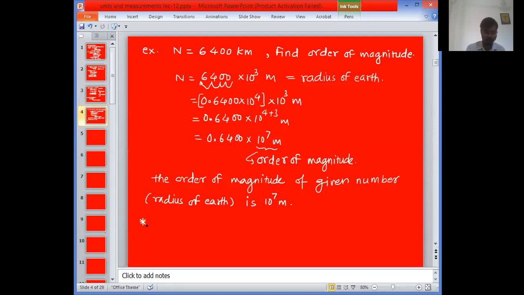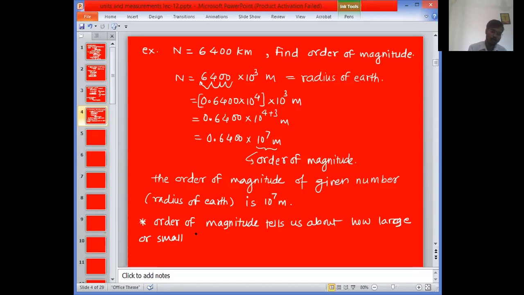Write down that note also: order of magnitude tells us about how large or small the given number is.